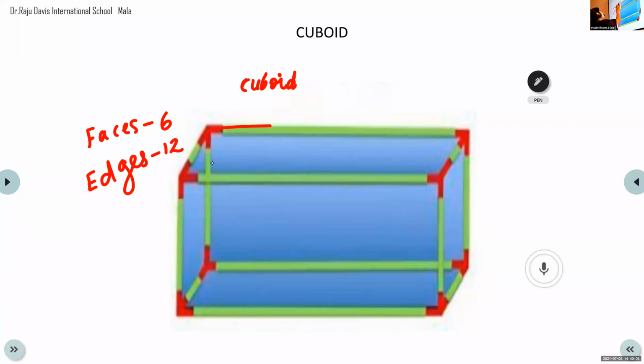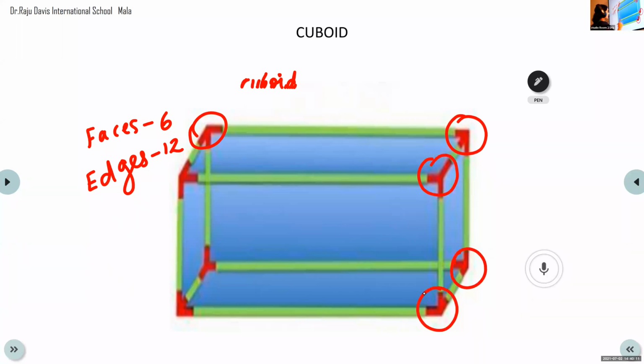Now all these corners are the vertices. These are the vertices. Now, Sai, please unmute and tell me how many vertices are there? Unmute, Sai.